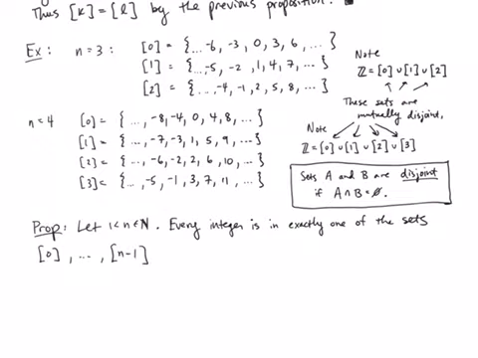Right, same pattern as above. And so there's n of these sets here. So starting with 0, counting up to n minus 1, there's n of those sets. So another way to say that every integer is in exactly one of them is just to say that these sets are disjoint.